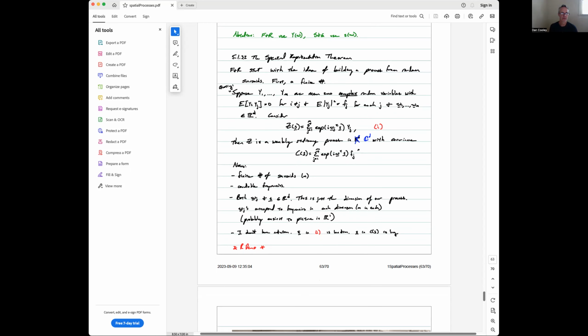The first thing we want to build toward is the spectral representation theorem. The way that Fuentes and Rich, so F and R is Fuentes and Rich, start is with the idea of building a process from random sinusoids. They're first going to start with a finite number of these sinusoids. Quoting directly from this chapter, they say, suppose y1 through ym are mean zero complex random variables.